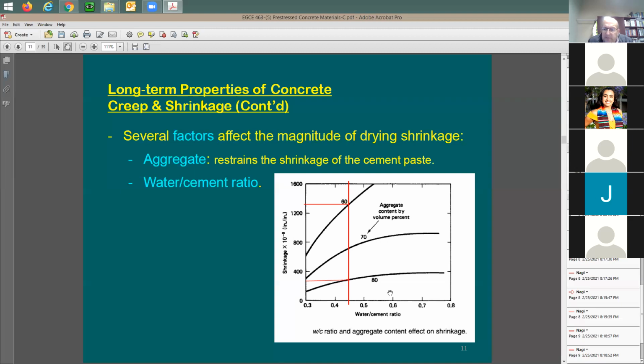When you put big pieces of aggregate, you're going to have more cement masses. So the cement itself is going to be like clusters, big clusters, and the shrinkage of it is going to be larger, because the shrinkage is actually based on the size of the cement.